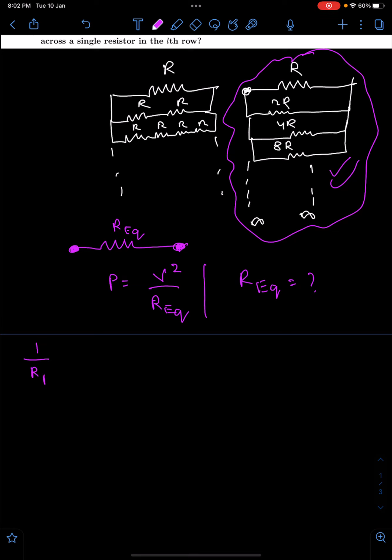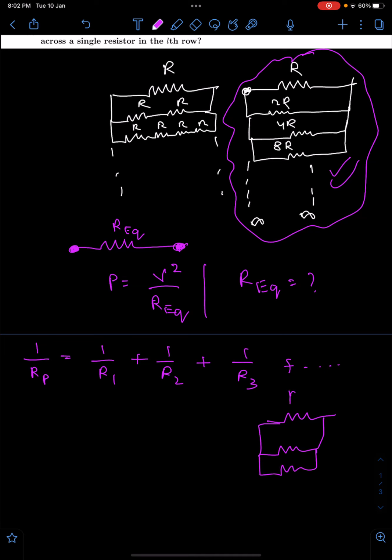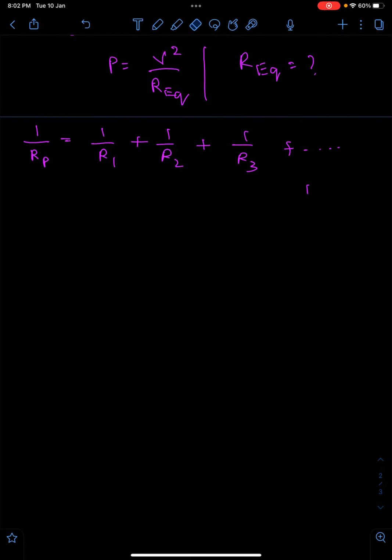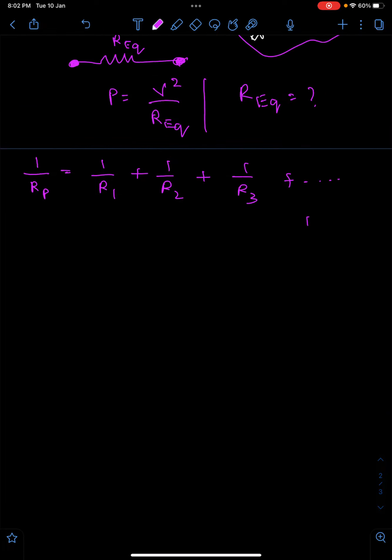1 by R parallel is equal to 1 by R1 plus 1 by R2 plus 1 by R3 and so on. Like for this example, this is R1, this is R2, this is R3, and so on. So for this example, 1 by R parallel will be equal to 1 by R plus 1 by 2R plus 1 by 4R up till infinity, right?